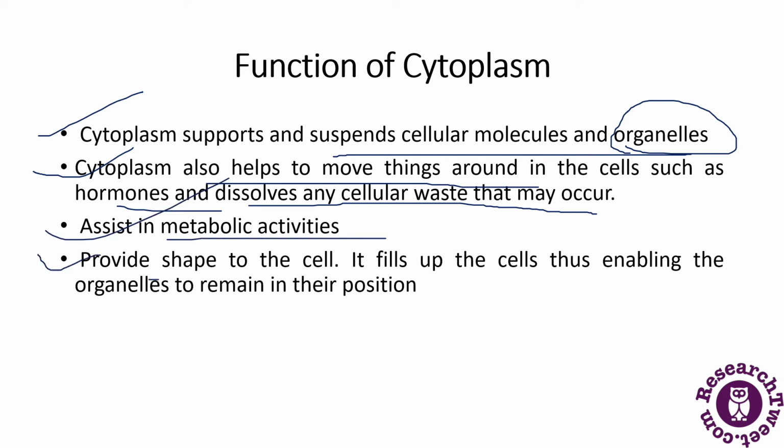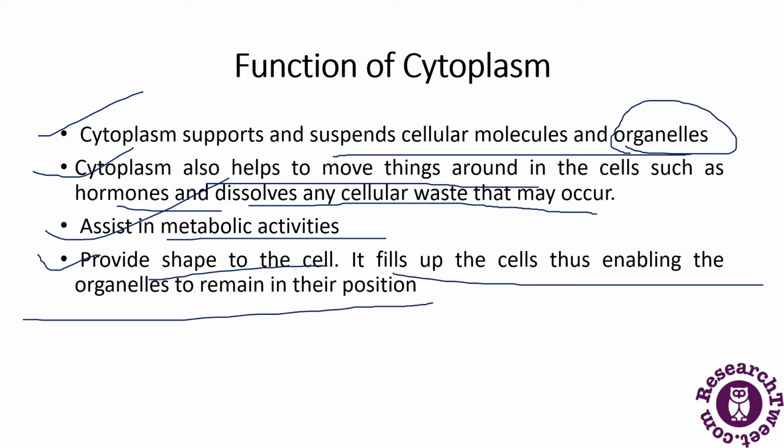It provides shape to the cell and fills it up, enabling the organelles to remain in their positions. For example, mitochondria, ER, and plastids each have their position. The cytoplasm also provides for the movement of organelles in the cell.